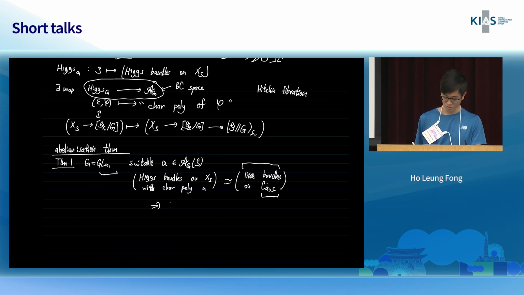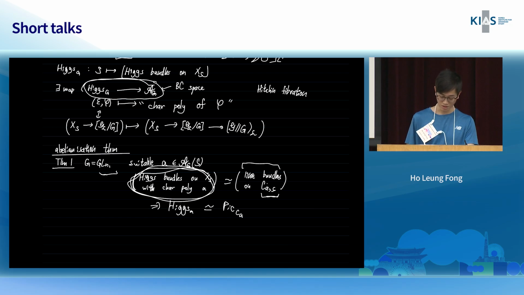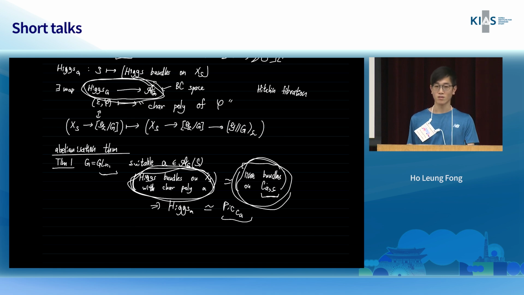And so you get that Higgs_a is equivalent to Higgs_{C_a}, where Higgs_a is the stack that classifies this, so it's the fiber of this map, and Higgs_{C_a} just classifies this, and so it is a Picard stack.